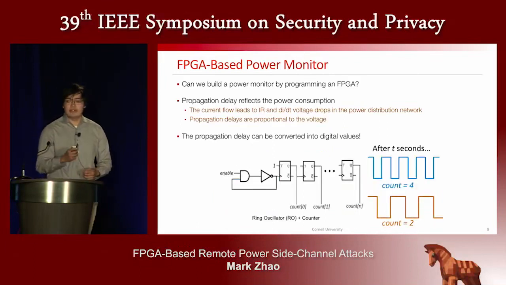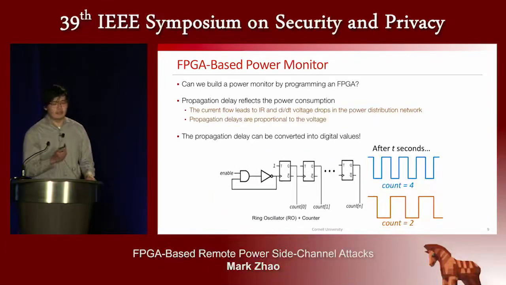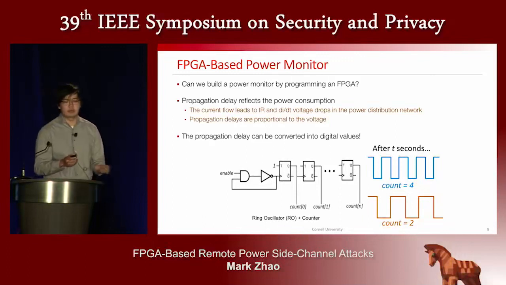So if we connect a ring oscillator output to the clock of an up counter, and we let this counter run for, say, t seconds, after t seconds, if we read the output of the counter, we have a digitized value of our propagation delay. So for example, if the voltage supply is high, then we might have a count of 4 as shown on the top.